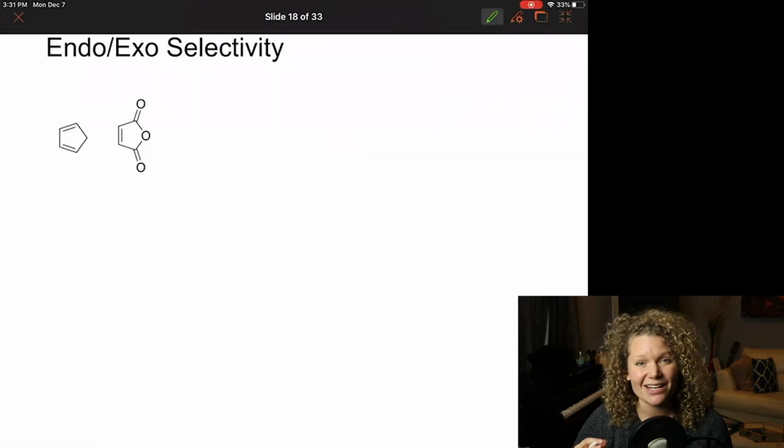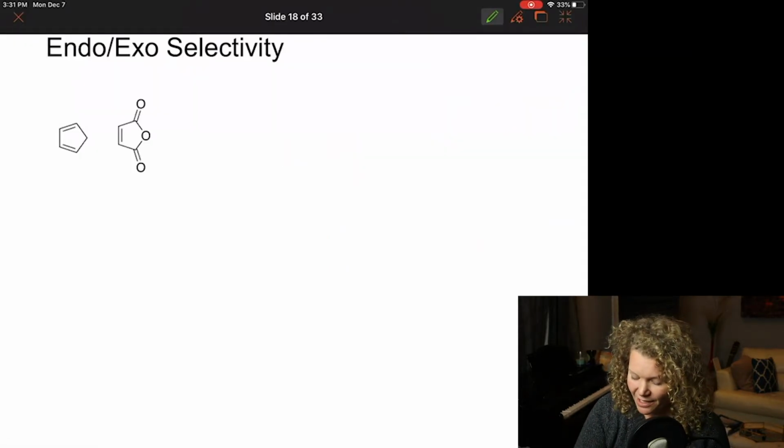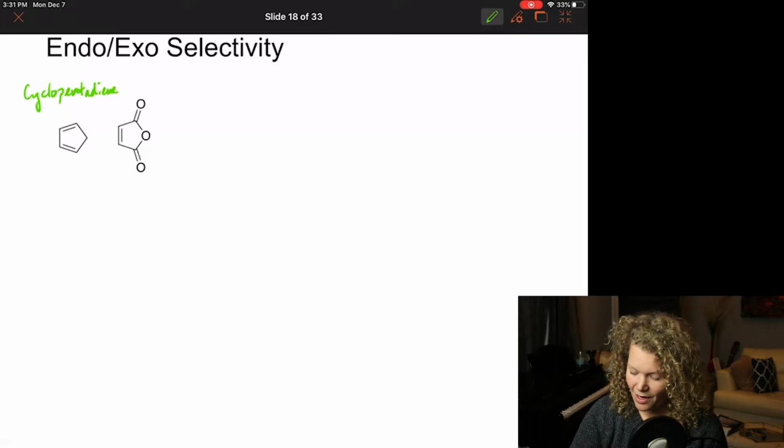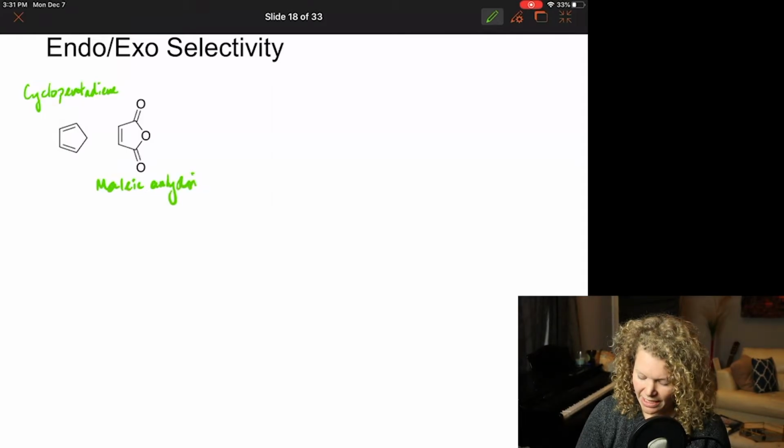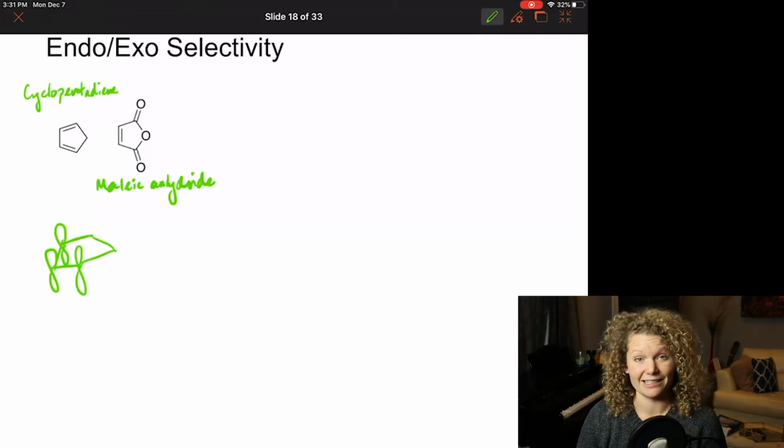Let's discuss the endo-exo selectivity. Here we've got cyclopentadiene and our dienophile is maleic anhydride. Now, when we draw these reactions, we know that we have these p orbitals that are interacting.